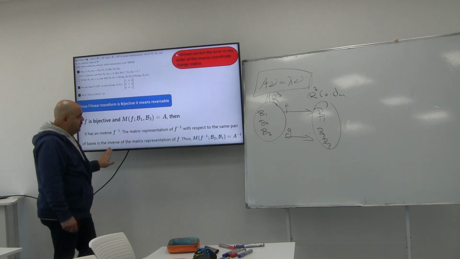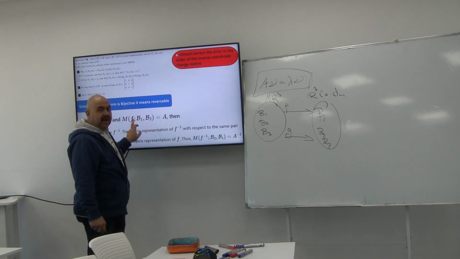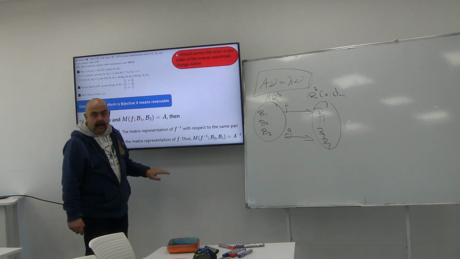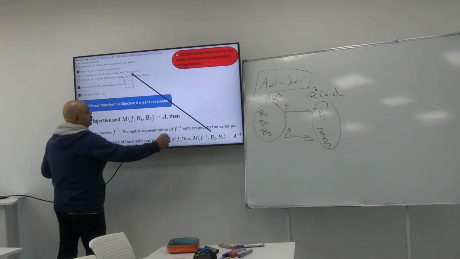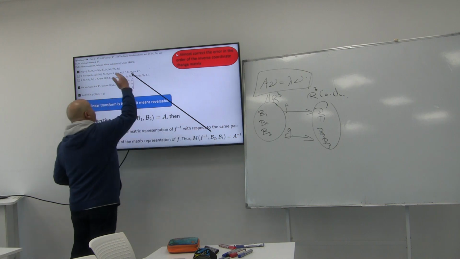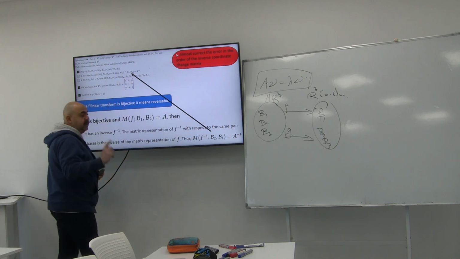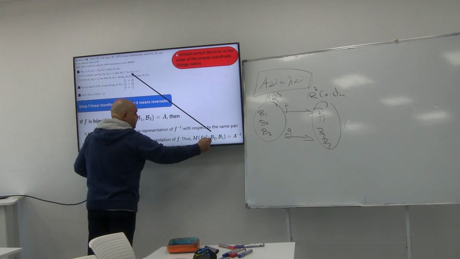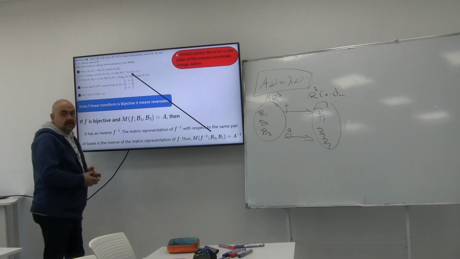So the inverse matrix will be f minus 1, replacing the function that we have, and we will move back from B2 into B1. Unfortunately, if you compare the result with what's given, it's not correct from the indices. This is a mapping B2 into B1, but here it is B1 into B2, and this is why it's not correct.